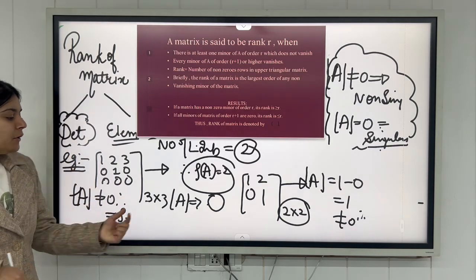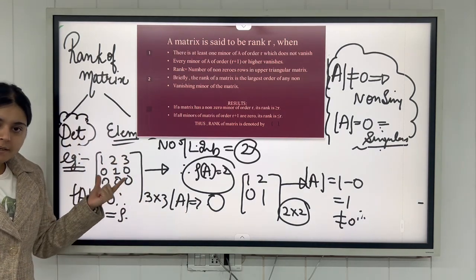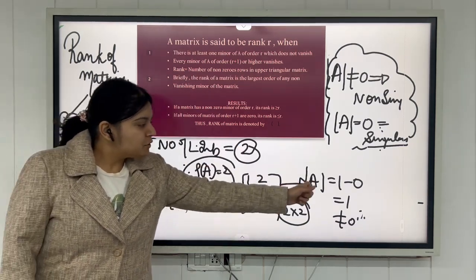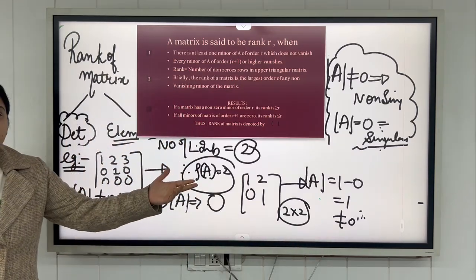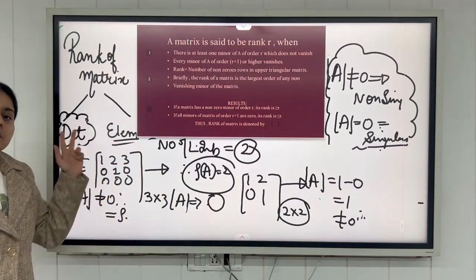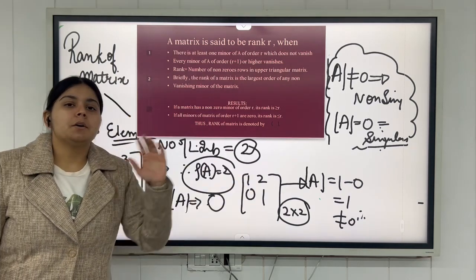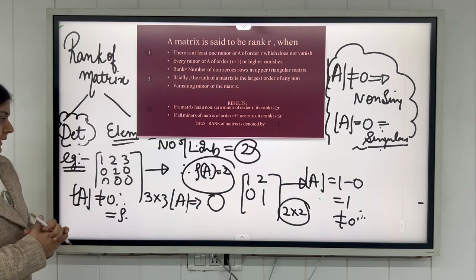If it comes out to be 0, then you choose a sub-matrix from that matrix and check its determinant. If it comes out non-zero, that would be the rank. And if again it comes out to be 0, then you choose a smaller sub-matrix and come up with the rank. That was all with the help of the determinant part.